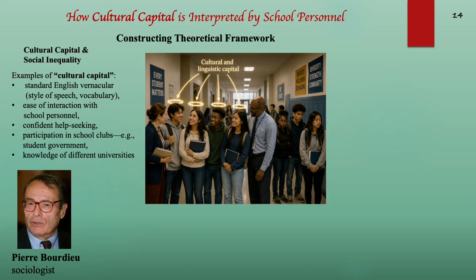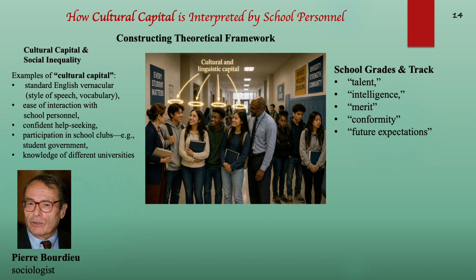Thus, guided by his theory, teachers and school personnel did seem to interpret students' grades as valid indicators of authentic talent, intelligence, and or merit. Grades are seen by teachers as indicators that students relative to those with lower grades are most motivated and invested in assimilating middle-class white cultural dispositions and conforming to institutional standards of success.